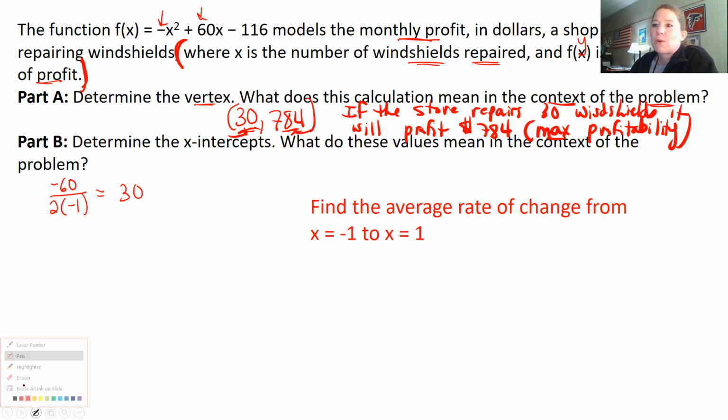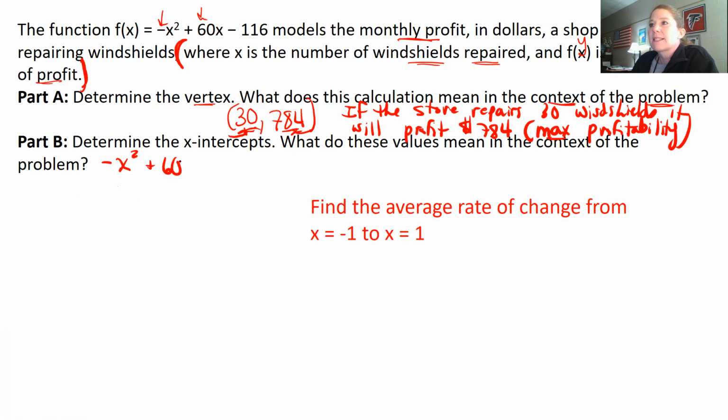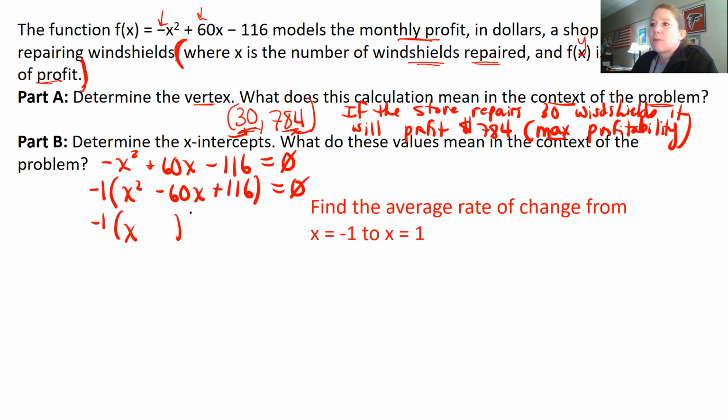So let's determine now what the x-intercepts are, by setting this equation equal to 0. So we're going to do the opposite of x squared plus 60x minus 116, and we're going to set it equal to 0. To factor this, the first thing I'm going to do is factor out that -1, which basically will change the signs. Now I'm thinking about two numbers that when I multiply them, I get negative 116, but when I add them, I get negative 60.